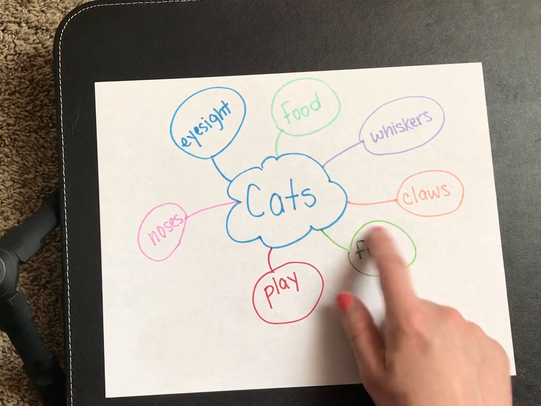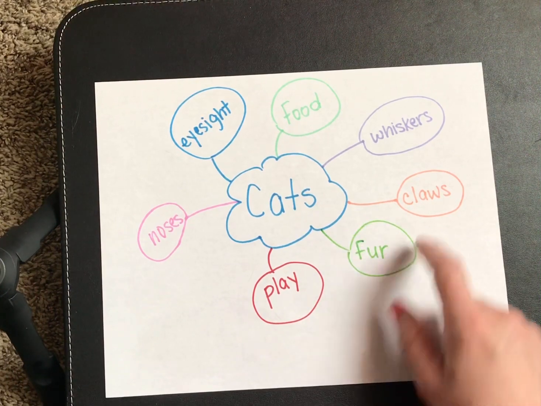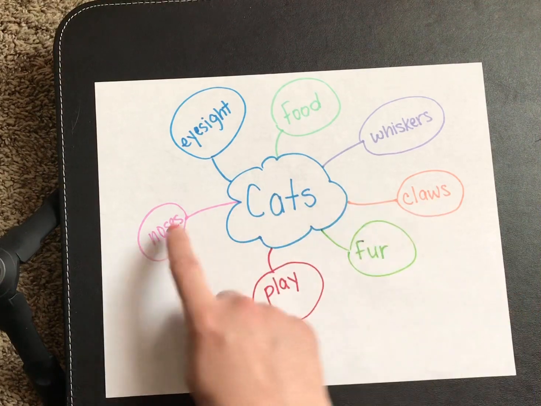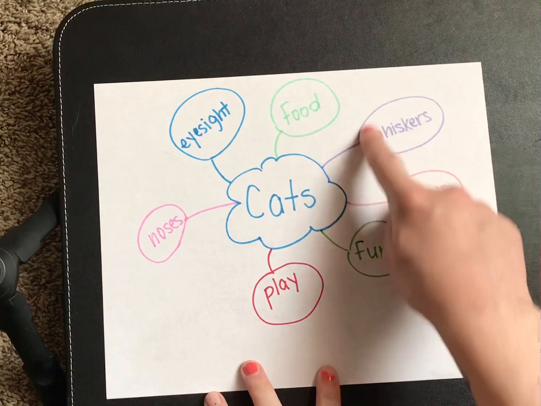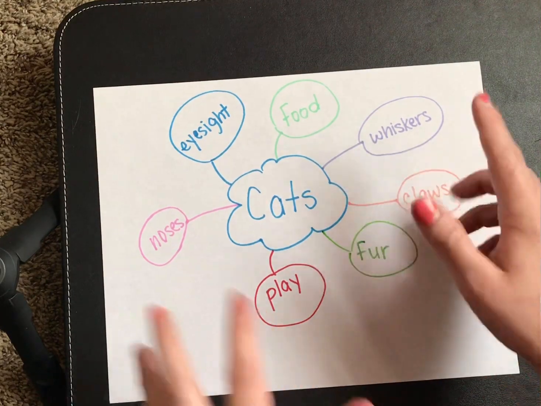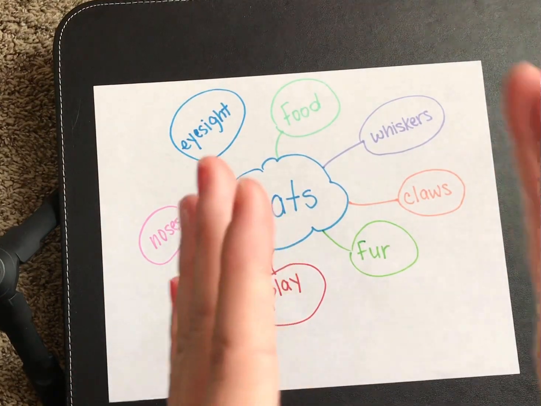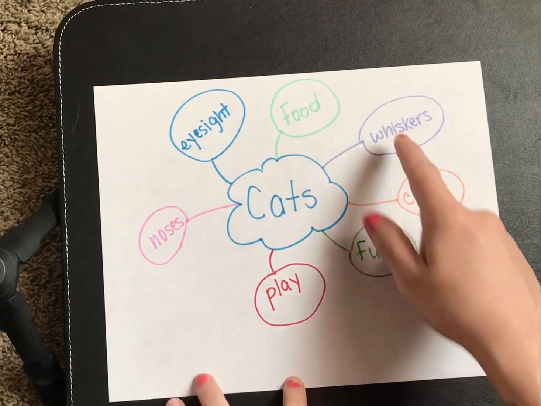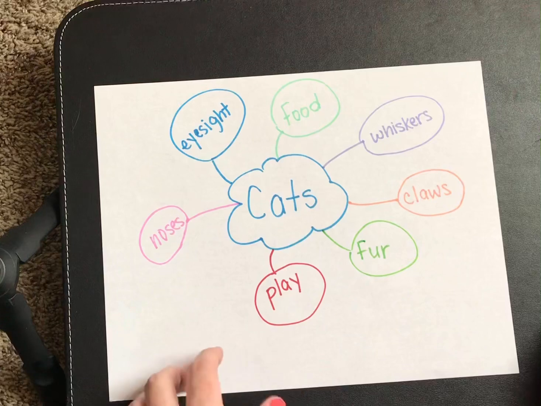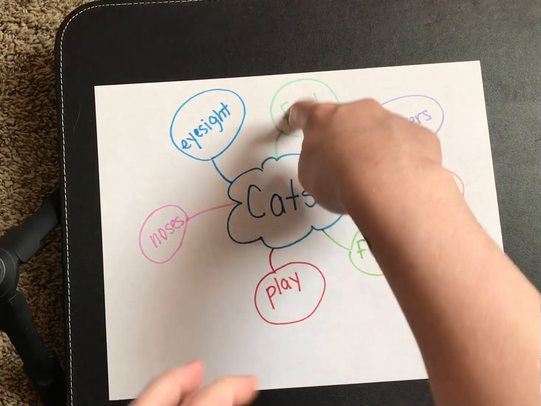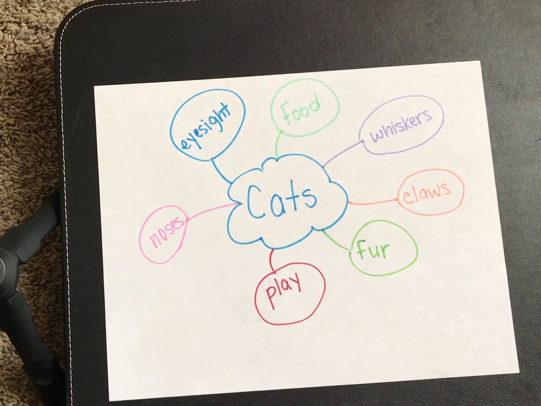And then maybe since I'm talking about their bodies, I could move into claws, and then their noses and their whiskers. And then since their whiskers help them find good places to walk, not too narrow, I could talk about eyesight, and then maybe move into playing, and then maybe food. It just depends on how I want to teach my students all about cats.